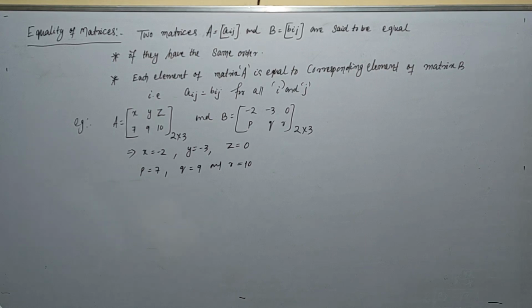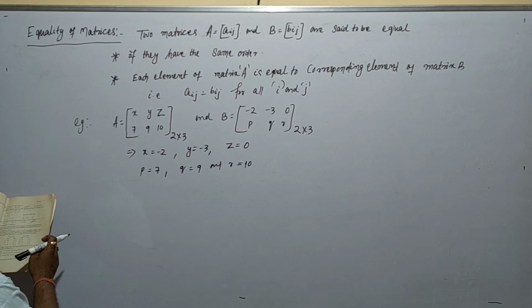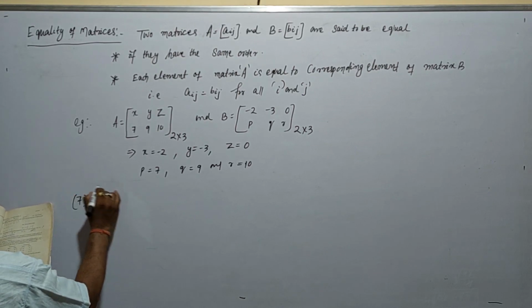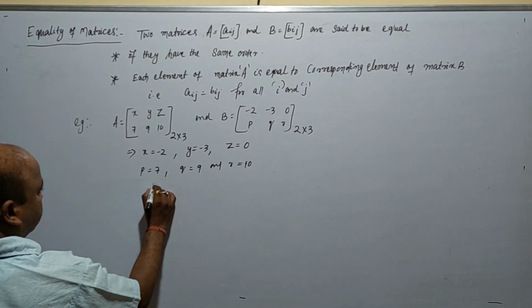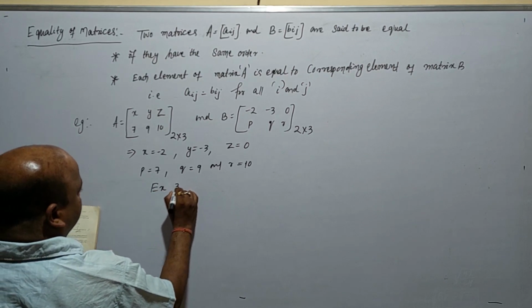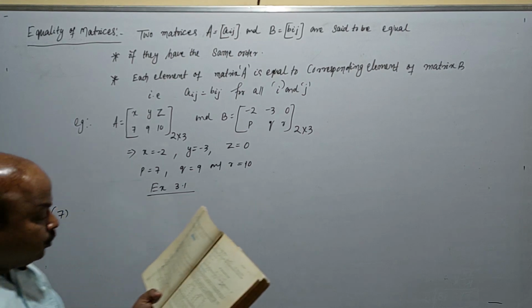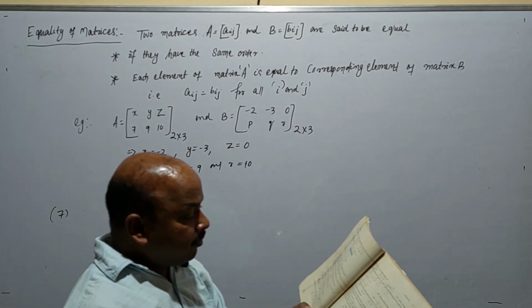Here it is given question number 7, exercise 3.1. Here it is saying to find the values of a, b, c and d from the equation.